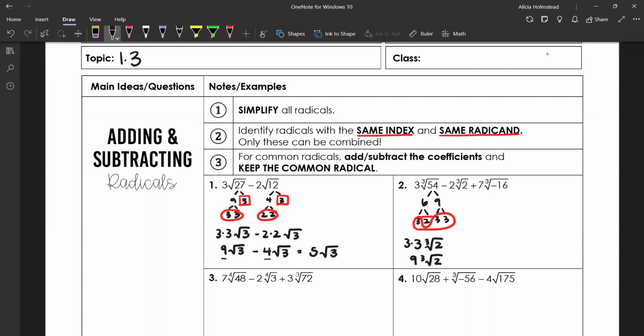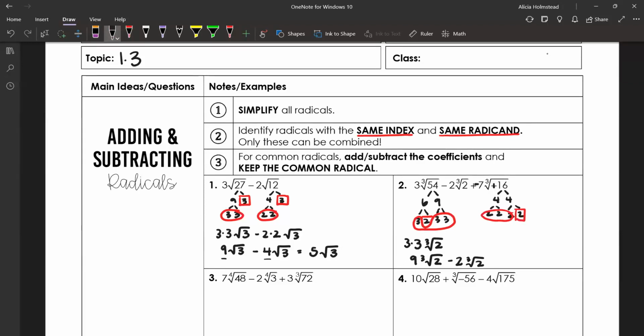The next one doesn't simplify because 2 is prime, so we'll do subtract 2 cube root of 2. And then this one, I'm going to go ahead and just move that negative out front like we talked about last time. And then 16 is 4 and 4, which are each 2 and 2. We're looking for groups of 3.